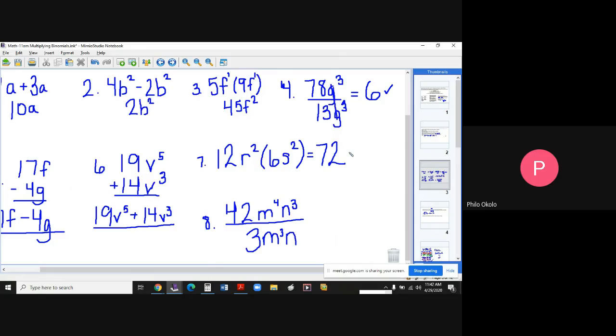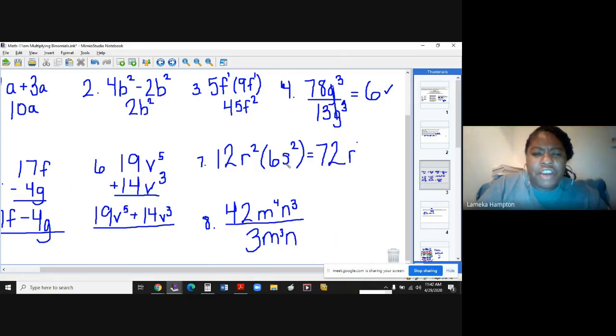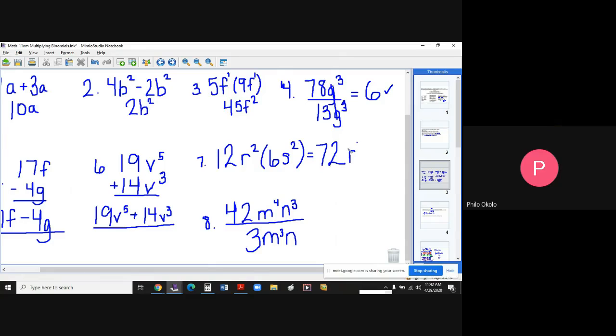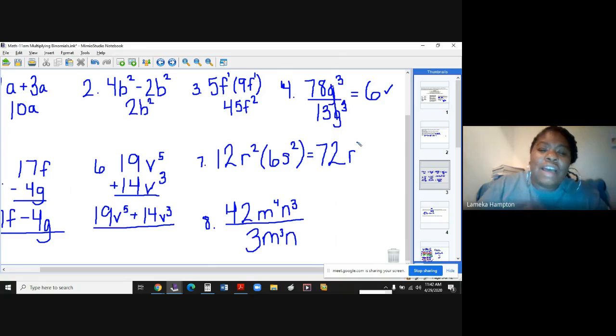Is that a 5 or an s? Right here, that's an s. Looks like a 5. My apologies, I promise I'm going to do better with the handwriting. That's my final answer. 72.